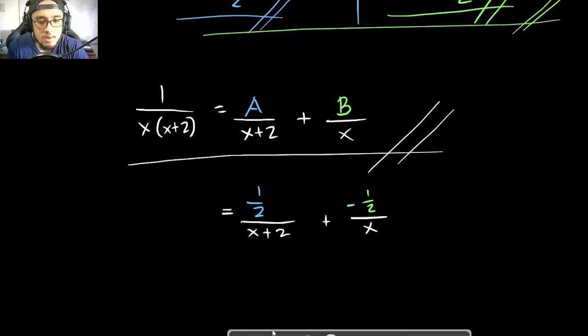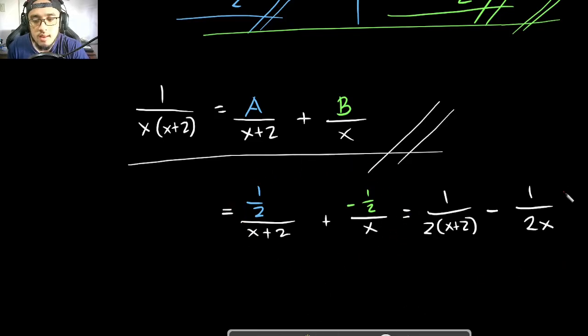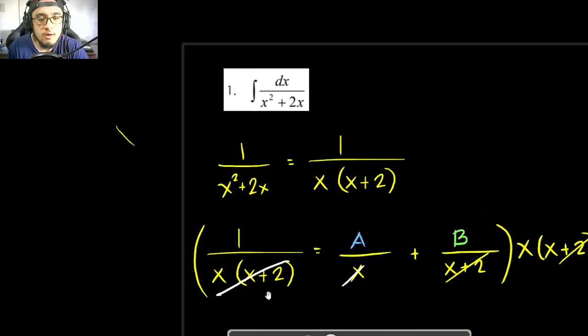From that, let's simplify this. This is 1 over 2 times x plus 2, minus 1 over 2x. So this is your partial fraction for this term, the equivalent of this particular fraction.